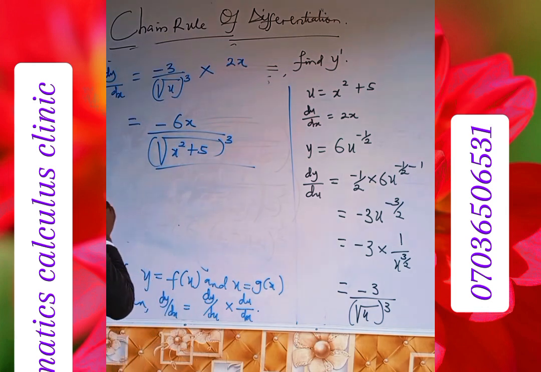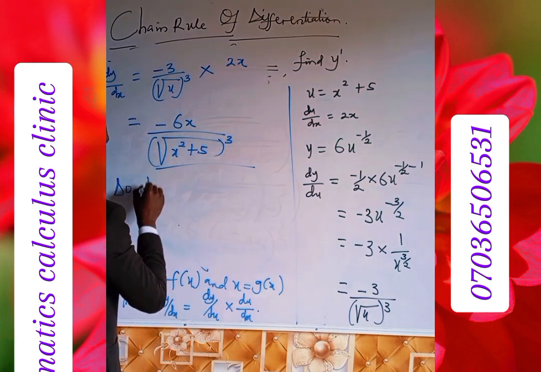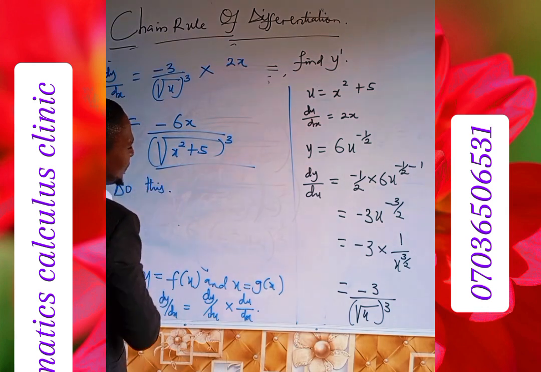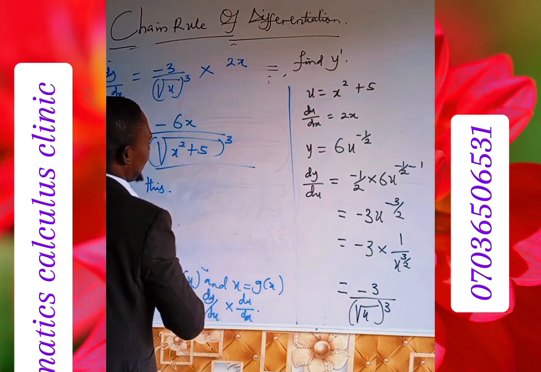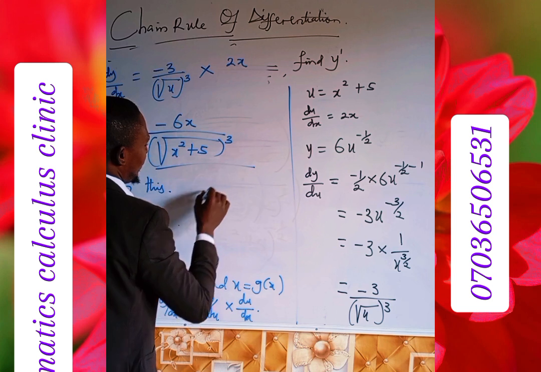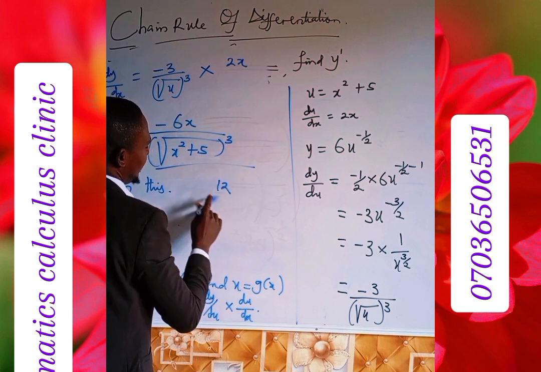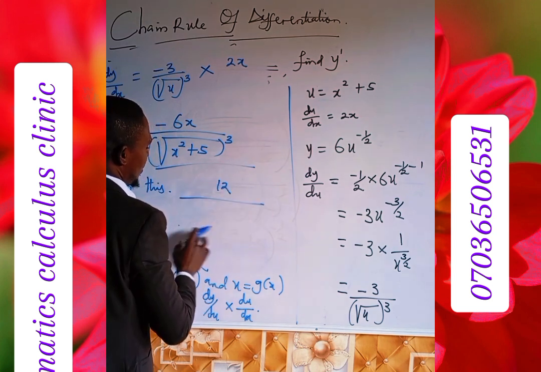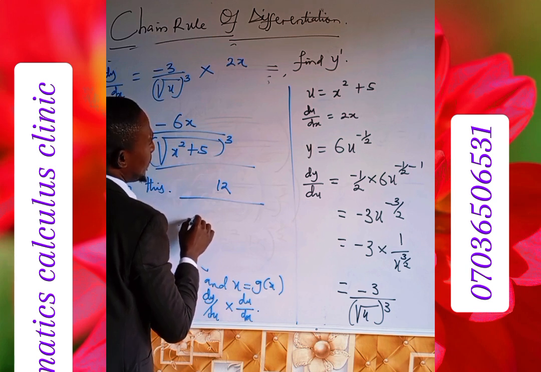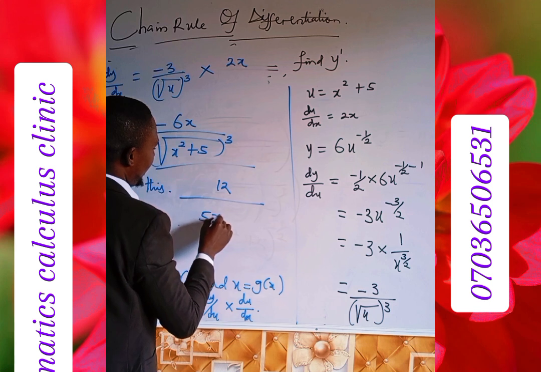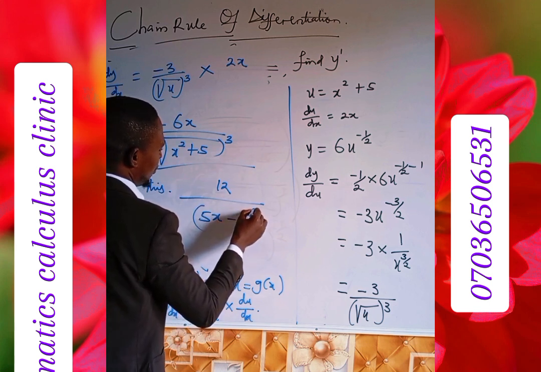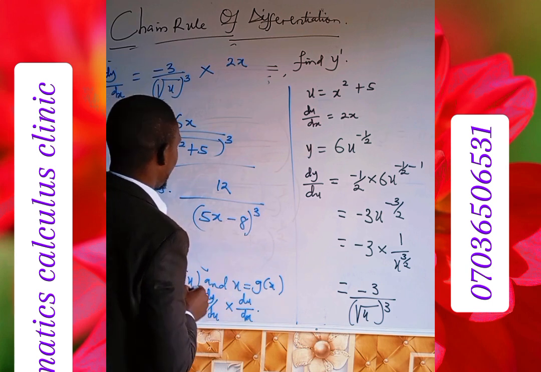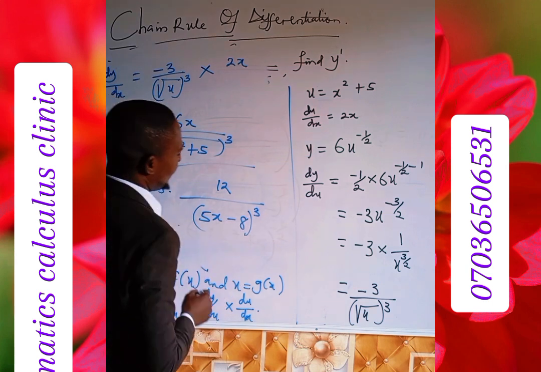Now try this. Do this. Differentiate 12 divided by open bracket 5x minus 8, everything raised to power 3, with respect to x.